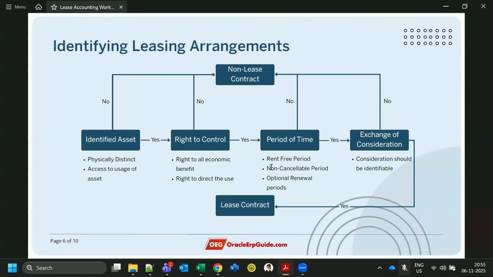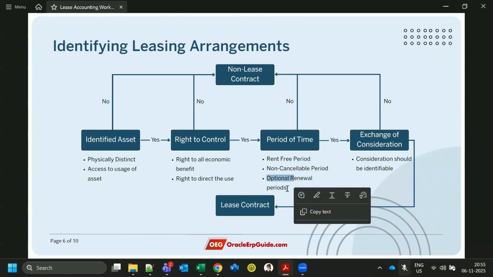This also includes any renewal options that you might have as a part of your lease contract. We'll come to how this works in the system. But to understand options and renewal terms, if there's a renewal term in your lease contract and you are pretty sure that you will be exercising this option, which means that you might be extending the lease term, the lease term, which is your non-cancelable period, will also include your renewal period.